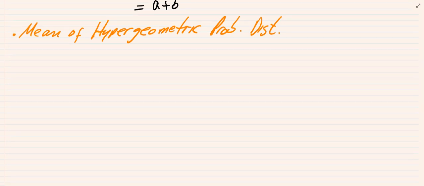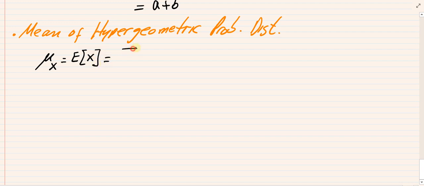Now by definition of mean, we're going to call the mean of random variable x the expected value of the random variable. In the case of a discrete variable, that means we sum x equals 0 to n of x times f of x.